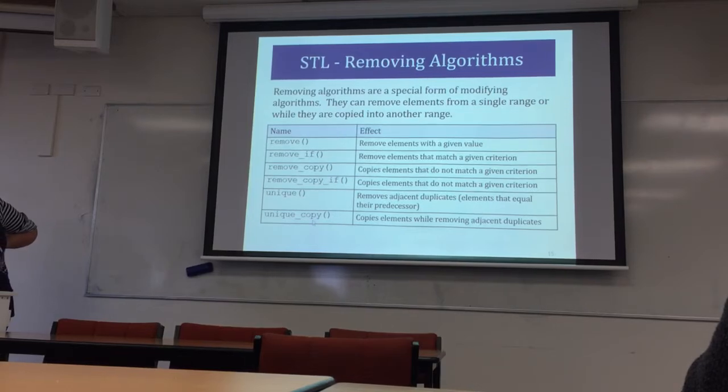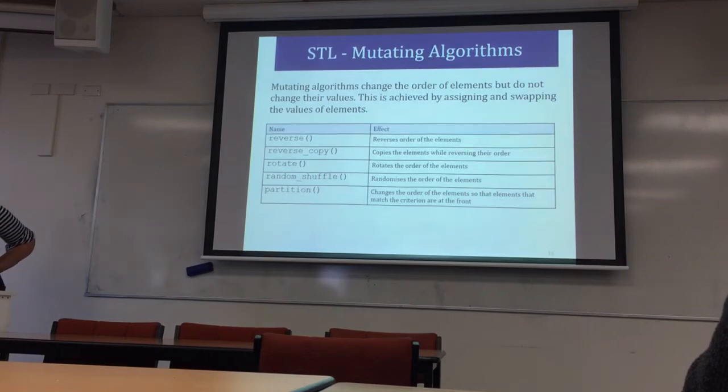So you get here the initial range unchanged, but the last part is obtained from the initial range with no duplicates.